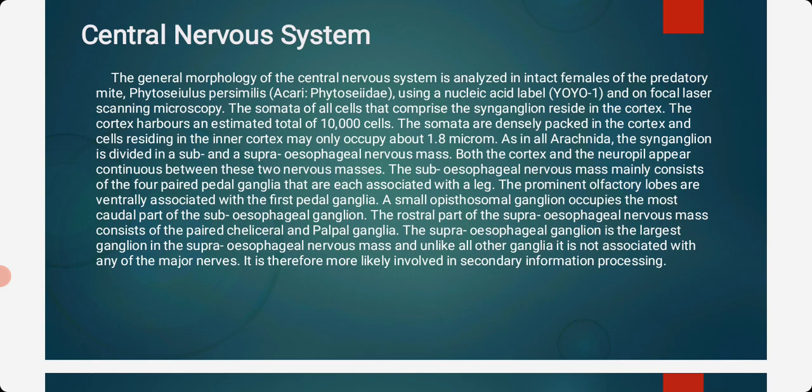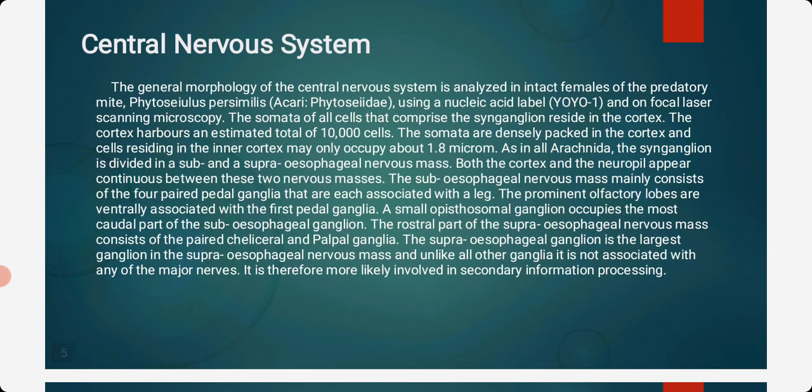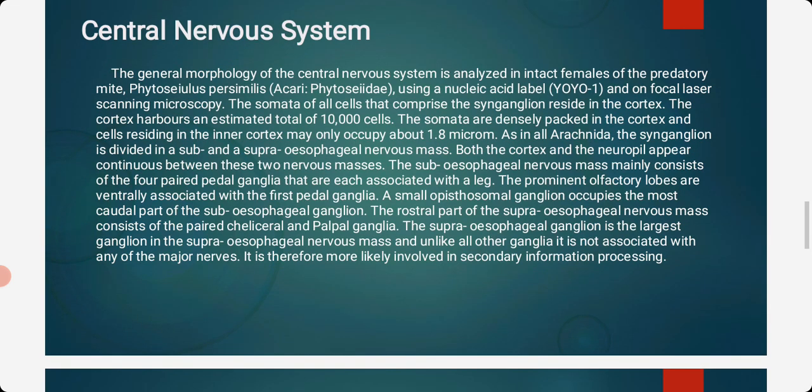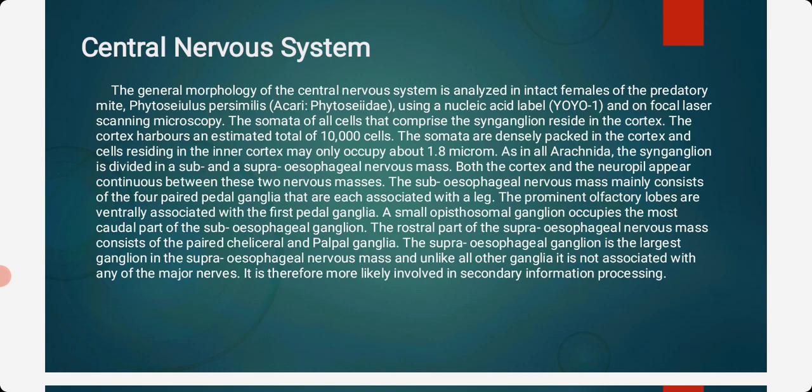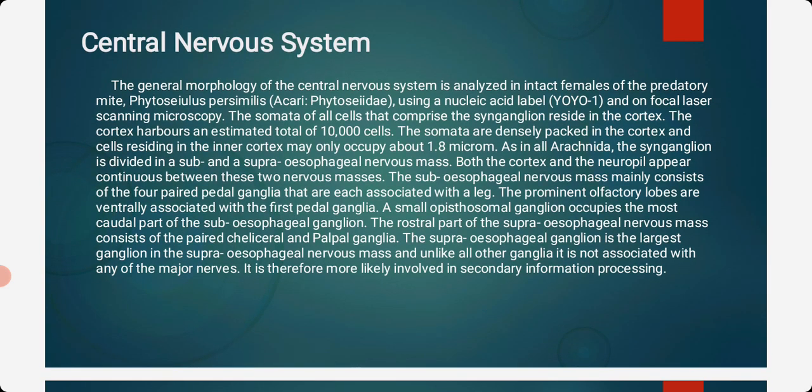Next is the central nervous system. The general morphology of the central nervous system is analyzed in intact females of the predatory mite, Phytoseiulus persimilis. So, ito naman yung morphology of the central nervous system ng intact females of the predatory mite, which is Phytoseiulus persimilis.